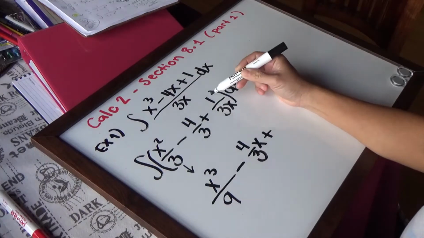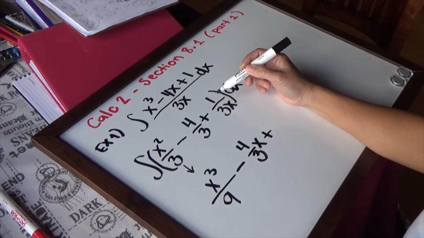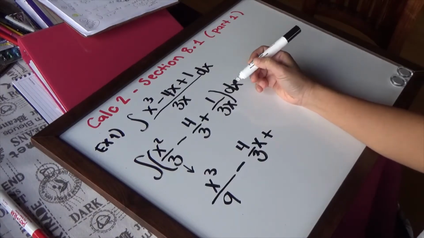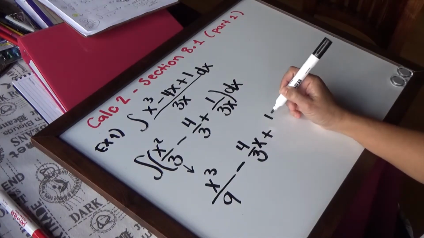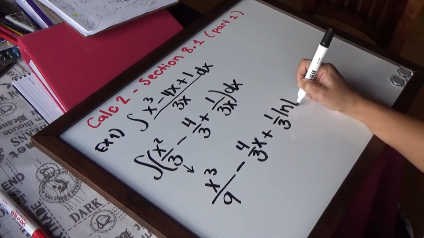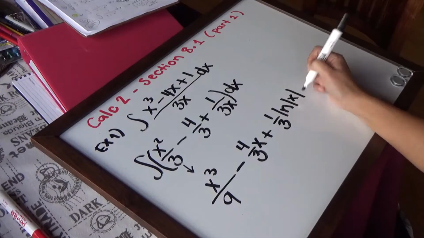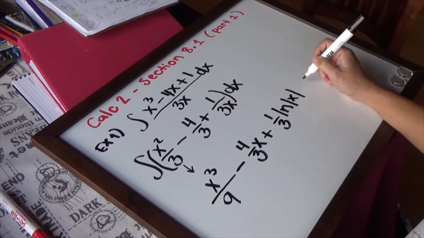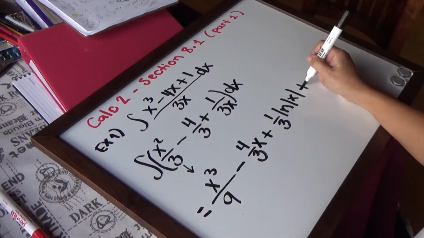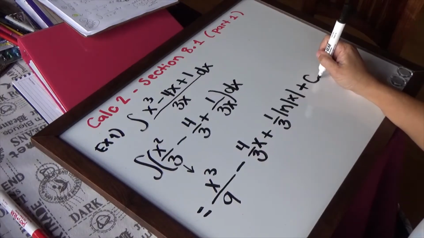We can think of it as 1/3 multiplied by 1 over x. So then the integral of 1 over x is ln of absolute value of x, and then you have the 1/3 in the front. And don't forget the plus c.